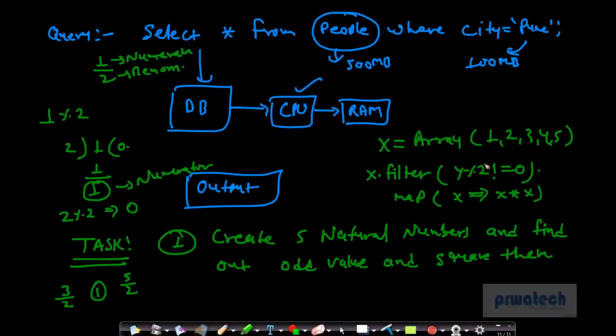Don't worry, what is this? But if I make this lazy, if I write here x is equal to array 1, 2, 3, 4, 5, what will happen? It will not store this array in my RAM. It won't compute immediately.